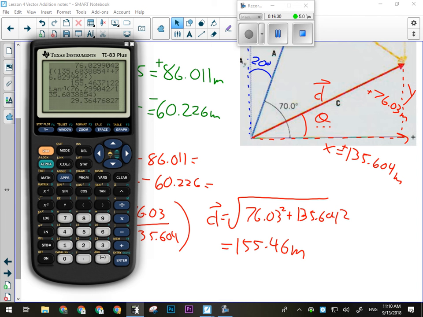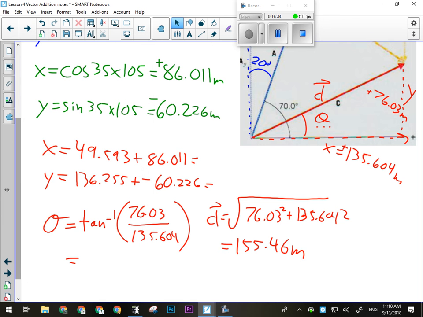All right, so I'm getting an angle there of 29.36 degrees.